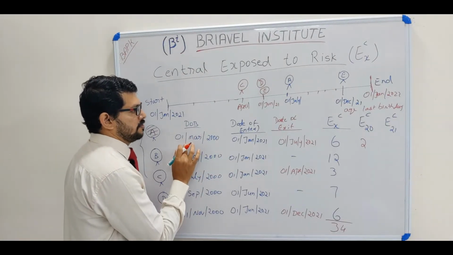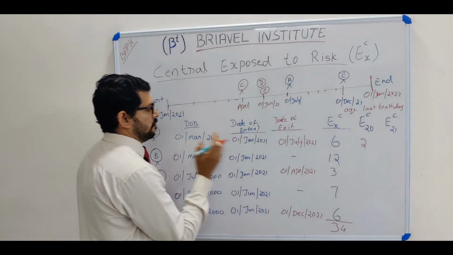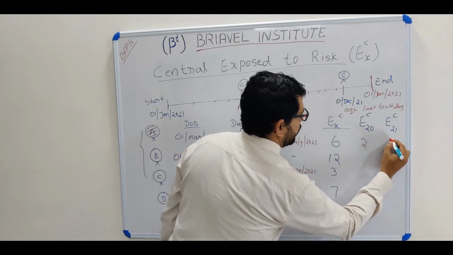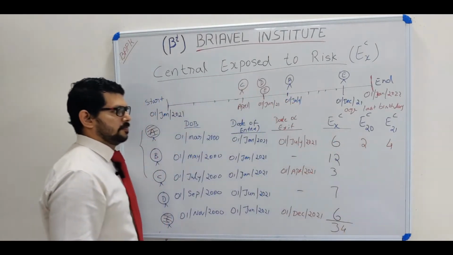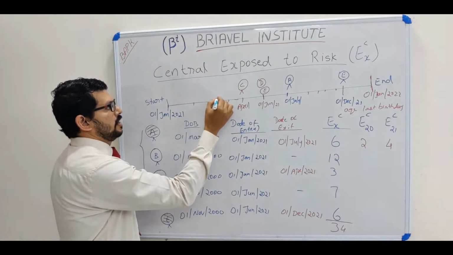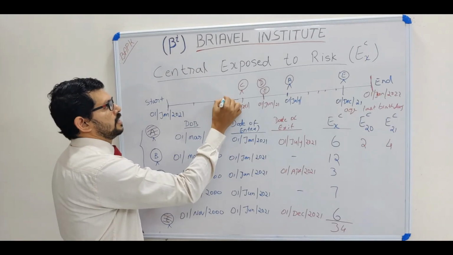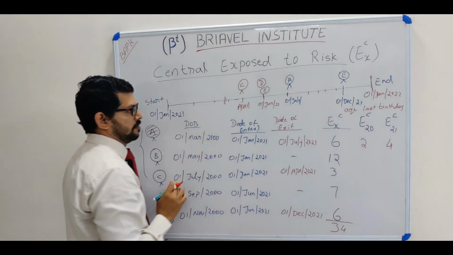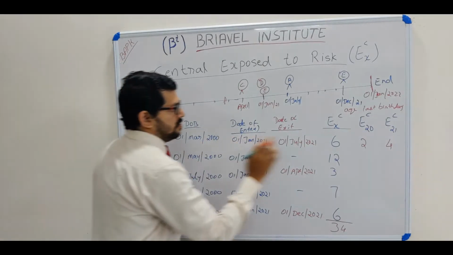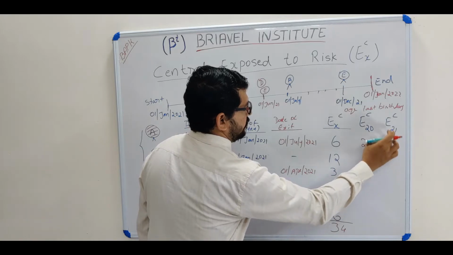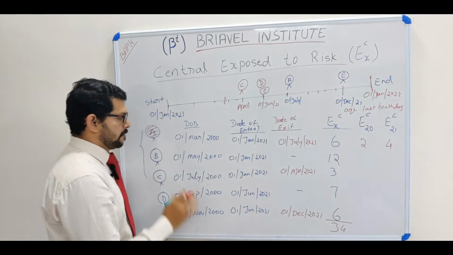The remaining 1st March to July, that is March, April, May, June, these 4 months are spent at age 21. So he celebrated his birthday here and continued up to July. At age 20 the exposed risk is 2, and at age 21 it is 4.